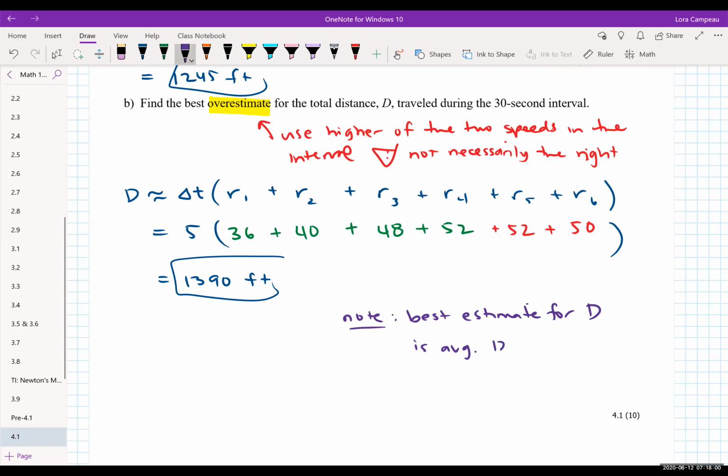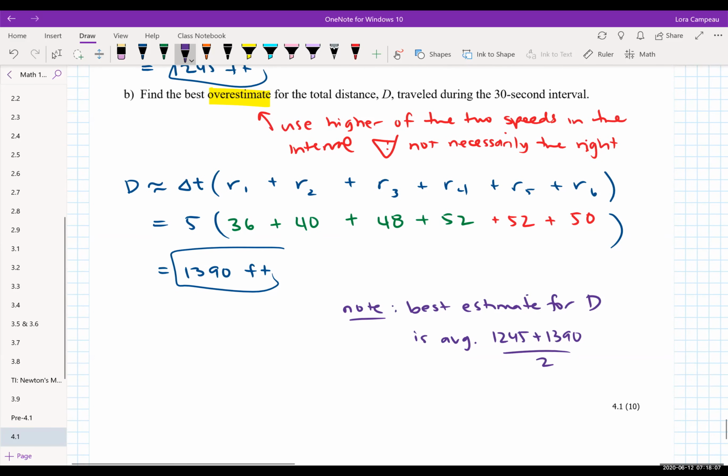But if you took the 1245 plus the 1390 and you divide it by 2, then the best estimate, seeing the chart that we have, because we have no other ideas of what the function actually looked like, is, finishing off with my calculator, I knew it was 1,000 something, 1,317.5 feet.